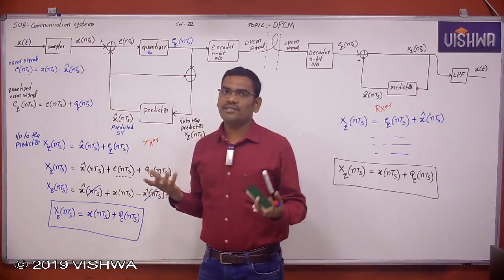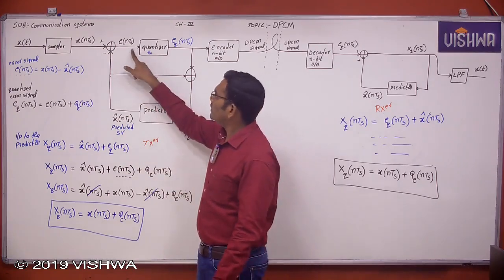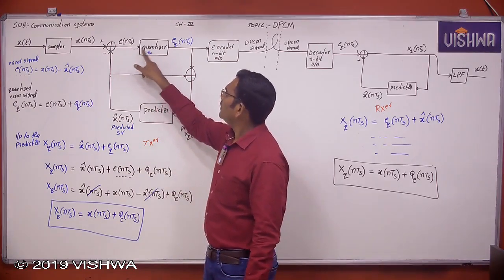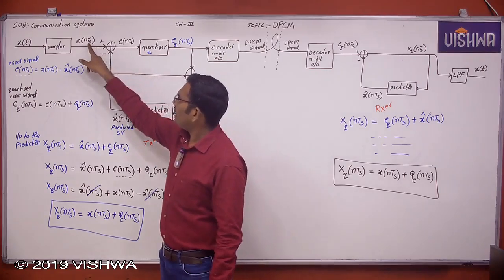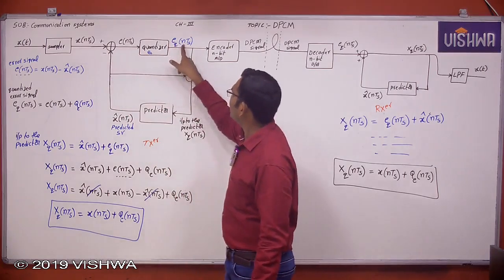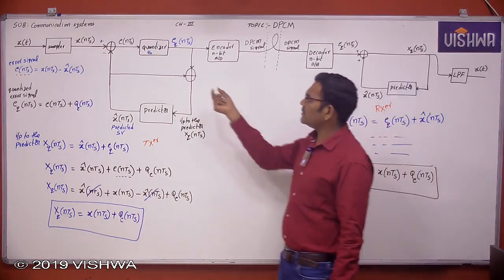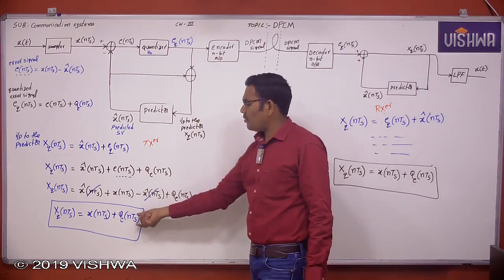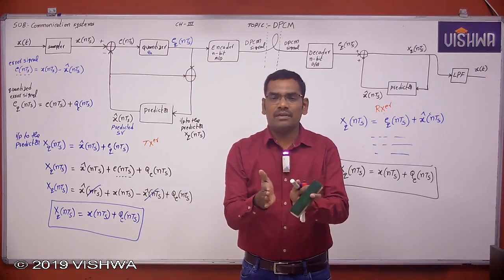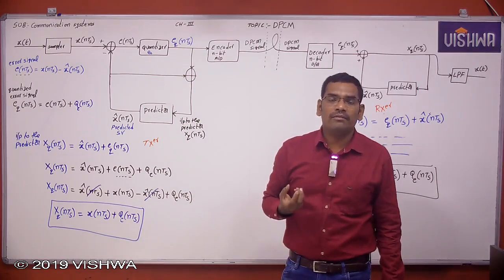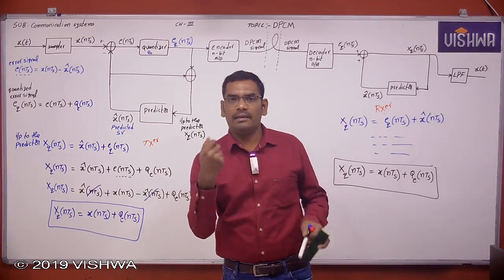The difference is 0, which means the error is 0. In the ideal case, when error equals 0, whatever the sample is, the same thing will be coming here and going for the process of encoding. But let us introduce this error, with a small, minimum error, because the correlation between the samples is very high. When more samples are correlated, then obviously the error will decrease.